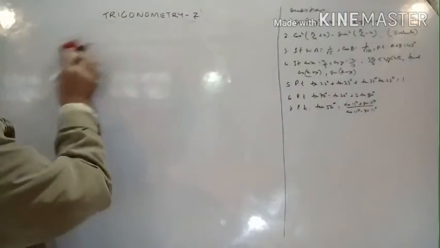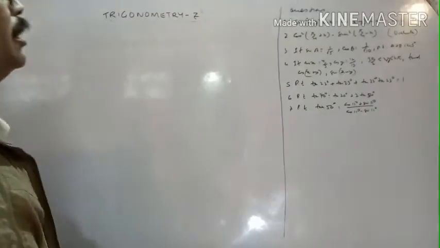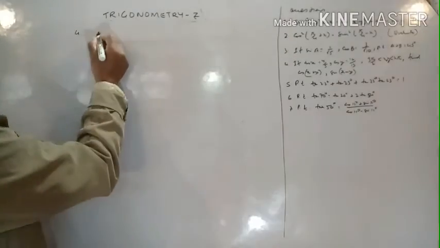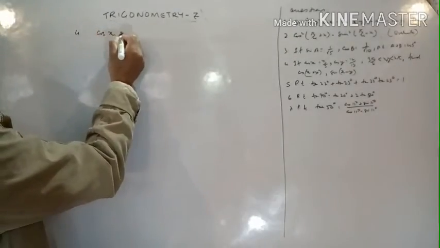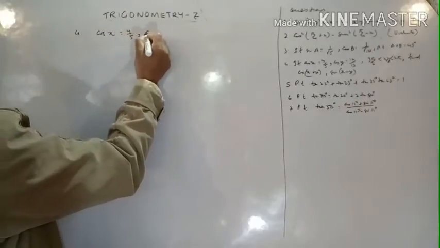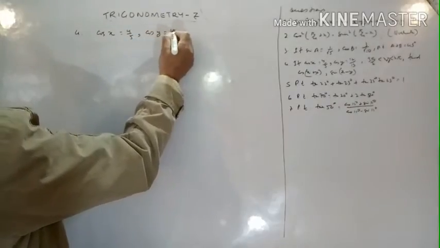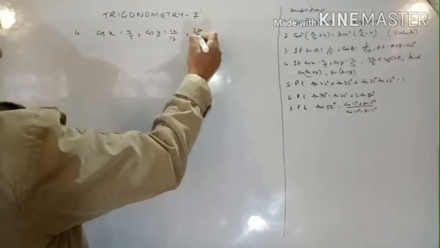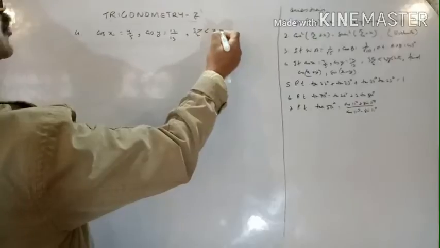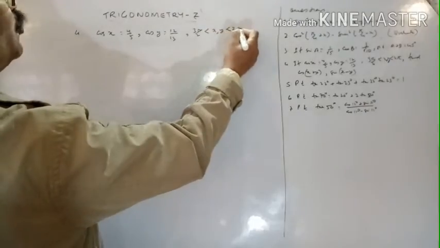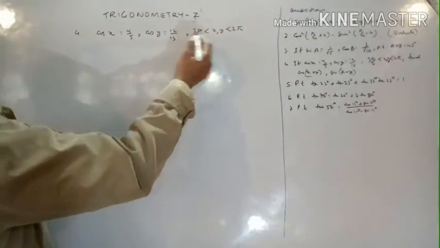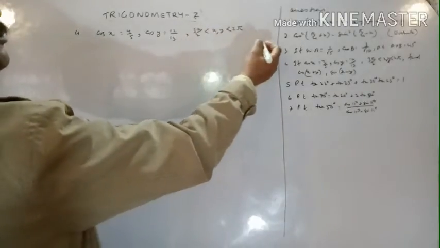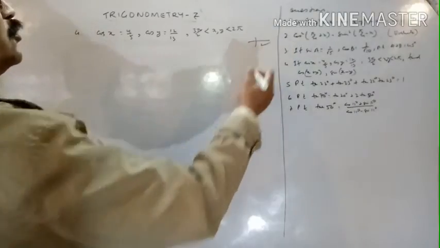Now the next question, question number 4. Given cos x equal to 4 by 5 and cos y equal to 12 by 13, and 3 pi by 2 less than x, y less than 2 pi, meaning both x and y lie between 3 pi by 2 and 2 pi, meaning in the fourth quadrant.